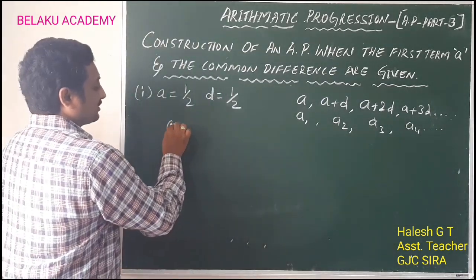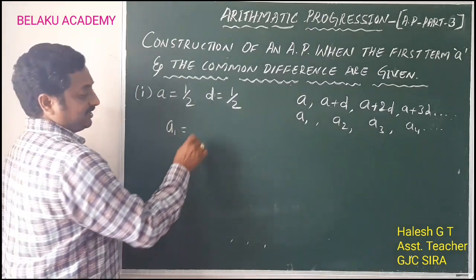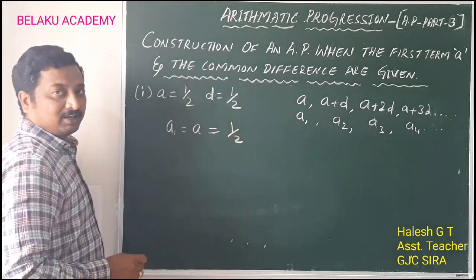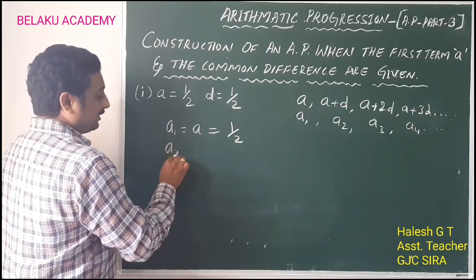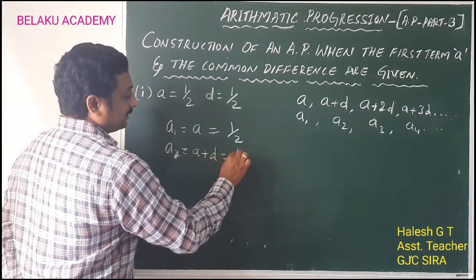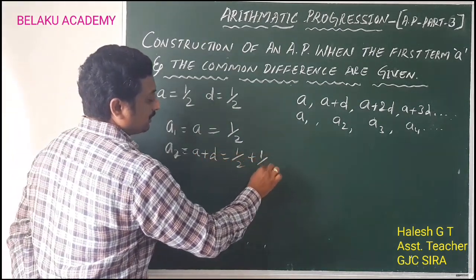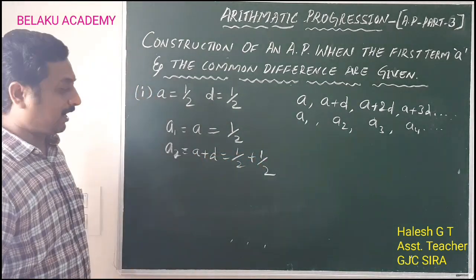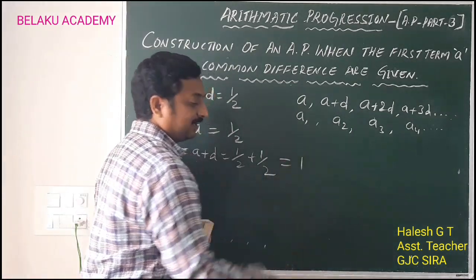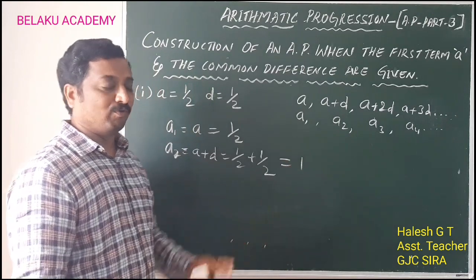So now the first term A1 is equal to A itself. The first term will be 1 by 2. Now the second term will be A2 is equal to, that is once again A plus D, that is 1 by 2 plus 1 by 2. So now we can easily add. So half plus half is equal to 1.